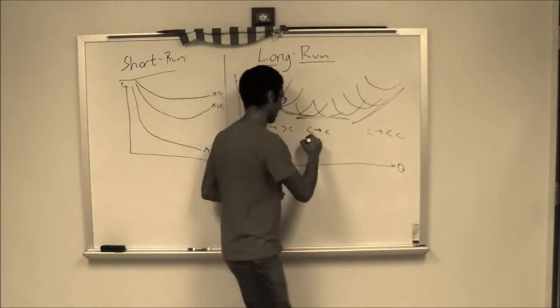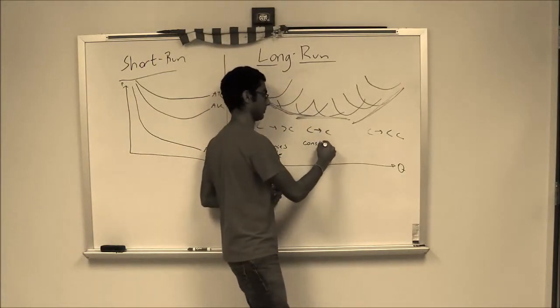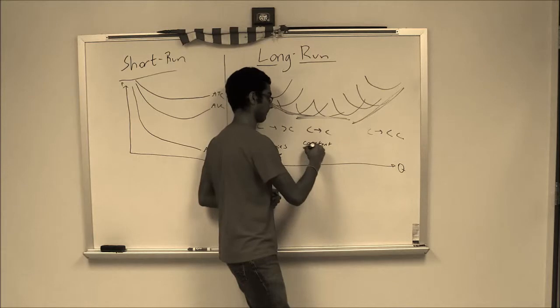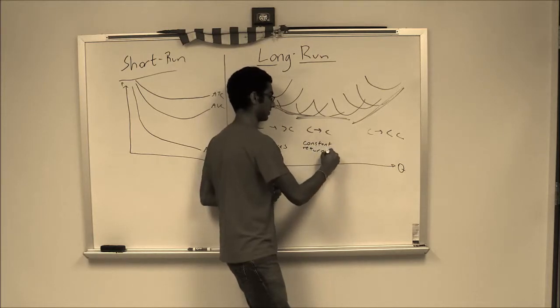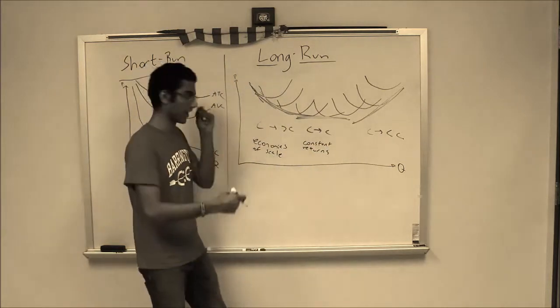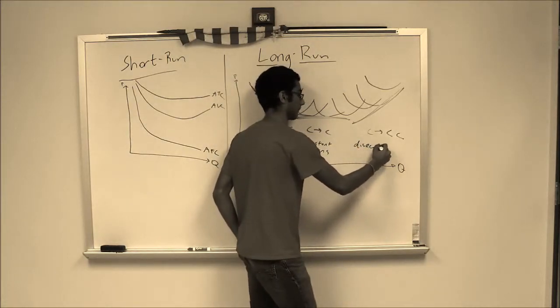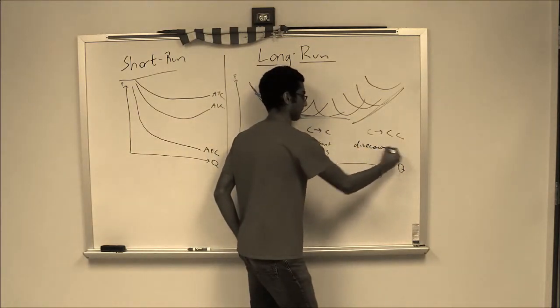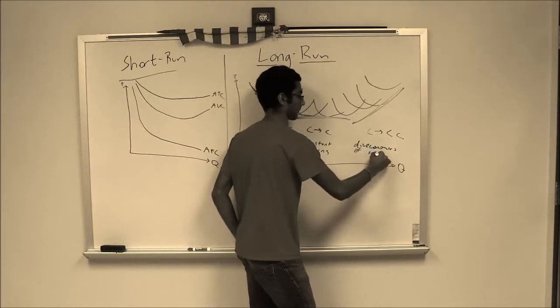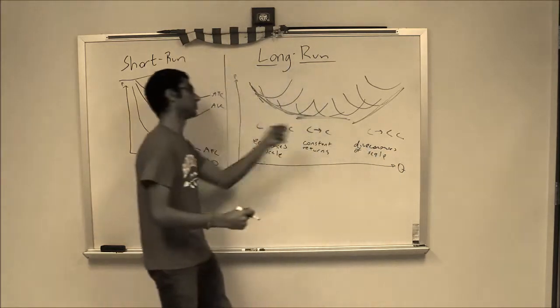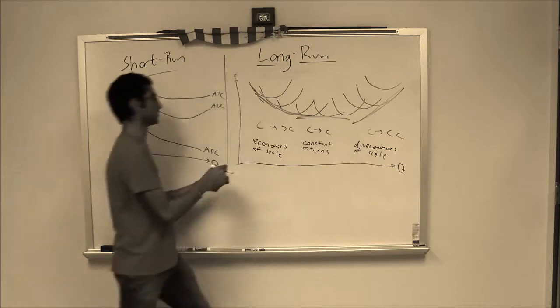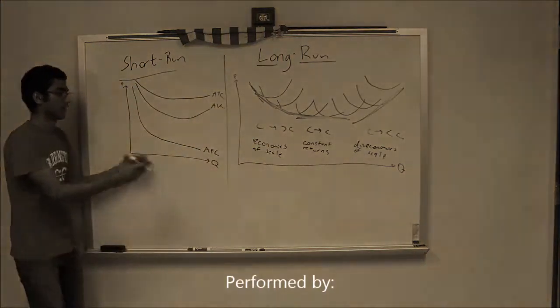Over here we have constant returns to scale, because you get constant returns to scale. And over here you have diseconomies of scale, because it is the opposite of economies of scale. And so that's long run and short run cost curves.